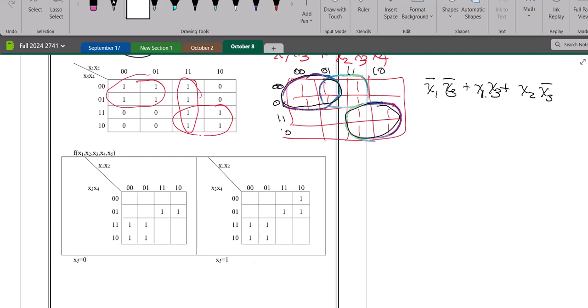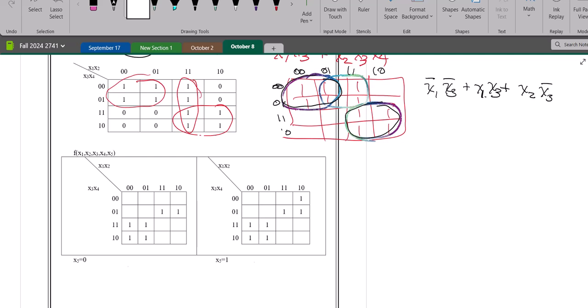So what I want to do is find the groups like I would find them on each individual Karnaugh map, but then I also want to imagine that these are stacked on top of each other, and if they line up when stacked, I can connect those as well.